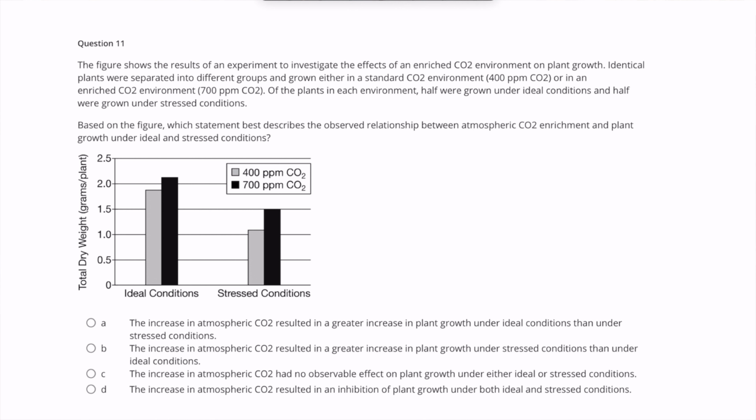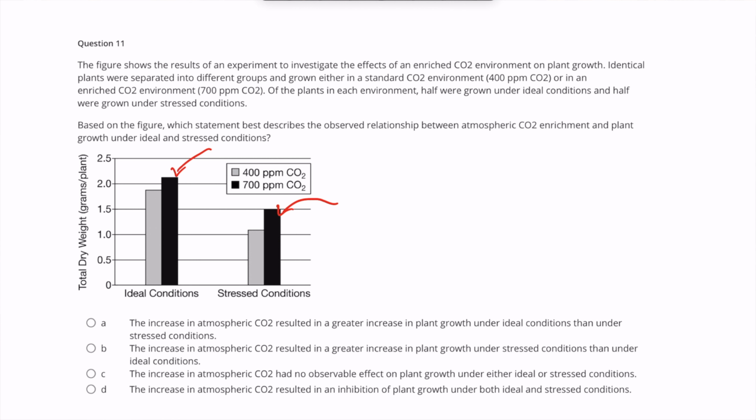So let's actually look at the data one more time. It seems like the increased amount of CO2 right here, this is the darker color, the black bar over here, it is higher dry weight, so more growth.